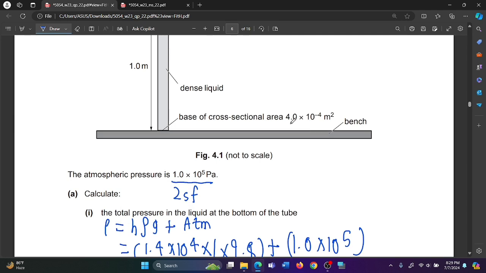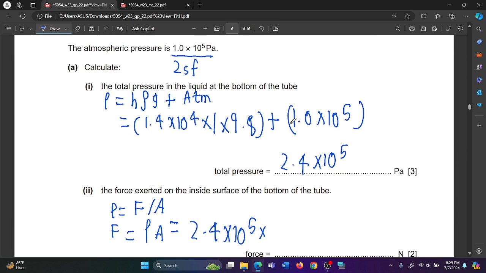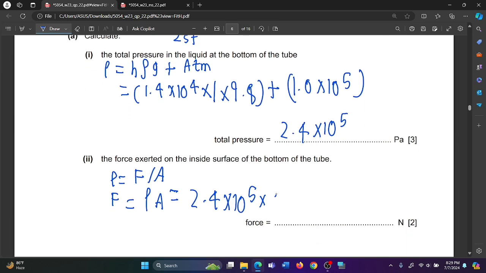The base area was 4 × 10^-4. Let's put this value in. After putting these values into the calculator, we get 96. The force is 96 newtons.